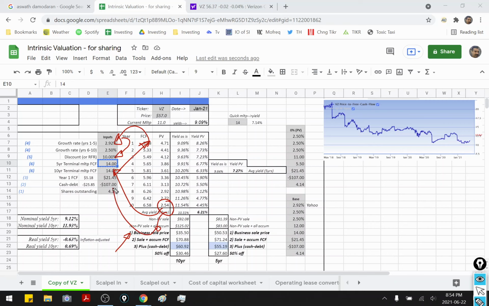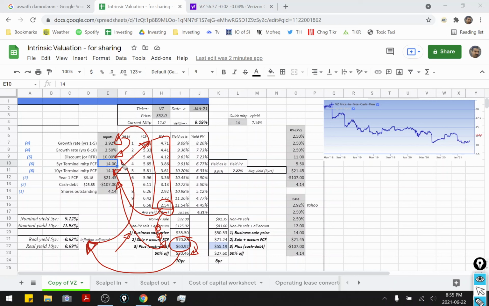It will add all this free cash flow that gets you to here. It will then add this part here, so any cash minus debt, and it gives you this number. And then if you want a margin of safety of 50%, there it is. And if you like to think in terms of yield, here's your inflation adjusted yield.